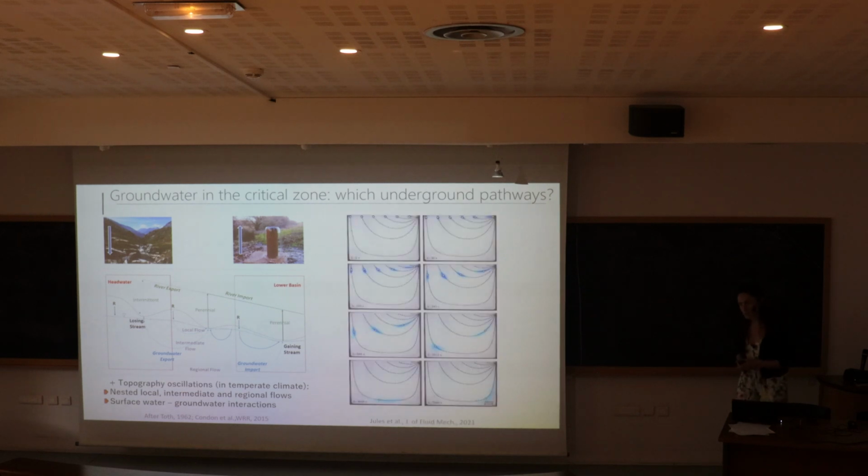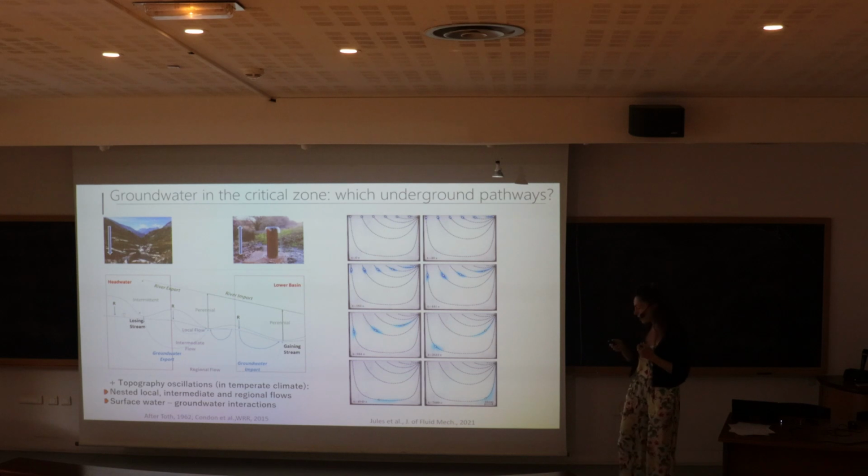I like to add this picture, which is a nice study made by colleagues in Paris showing transport, what Thomas showed us this morning, but a little more visual. The idea is very simple: they add a tracer in this experiment, and you can really see how the tracer is transported in the ground.